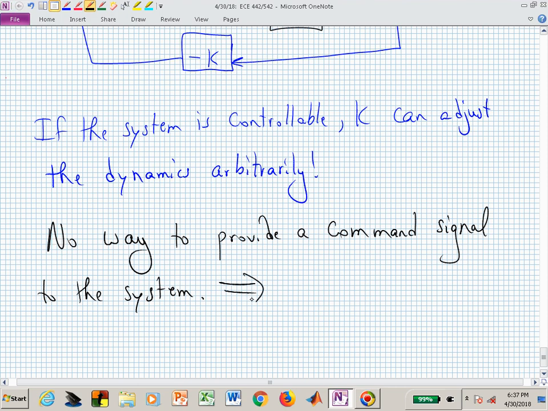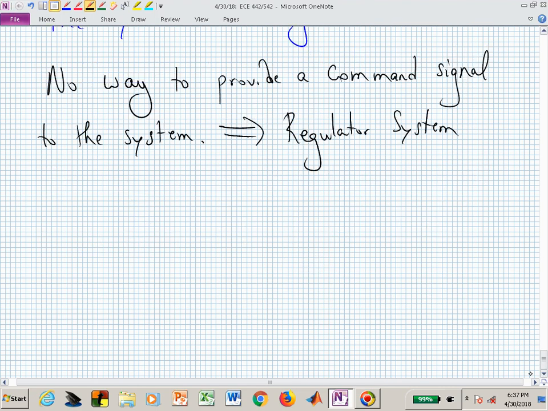And if that's the case, then that's a regulator system. If somebody says, I have a regulator system, you're just regulating the behavior of the system. You have no external input.